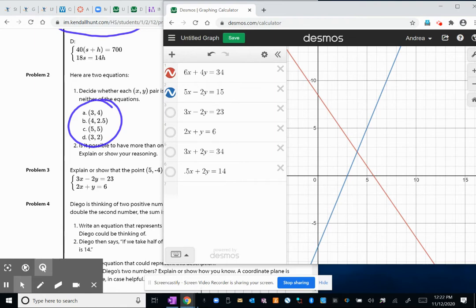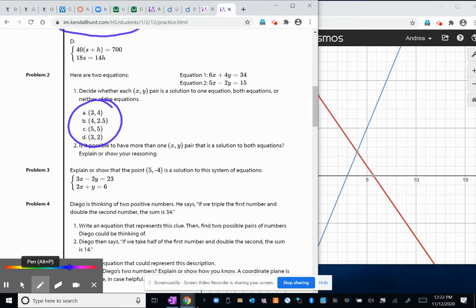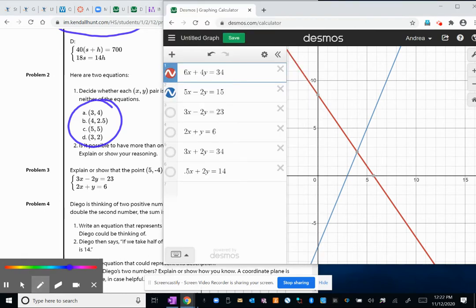So the point 3,4 is about right here, and it looks like it is just a solution for the first equation because it's on the red line.